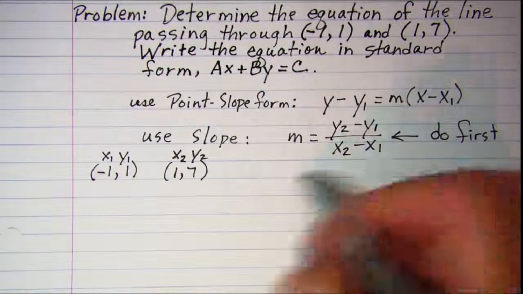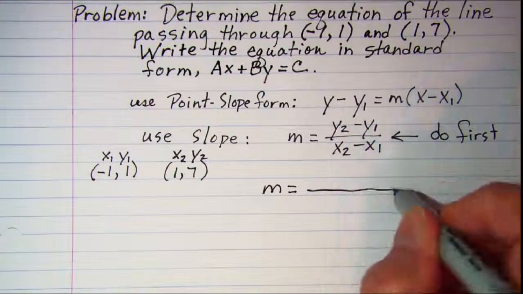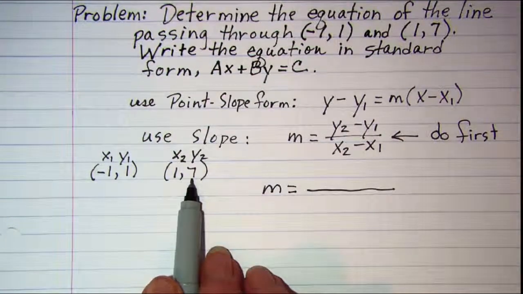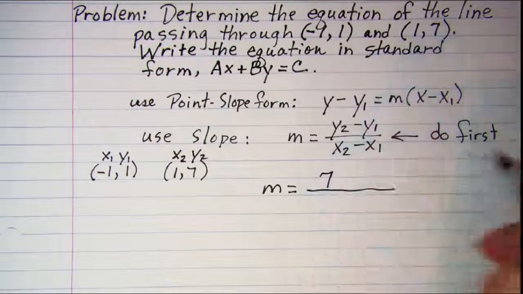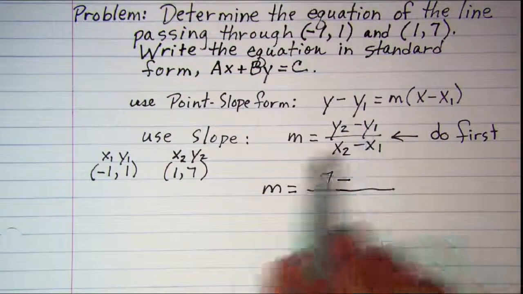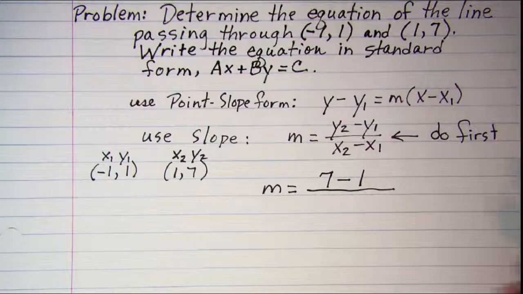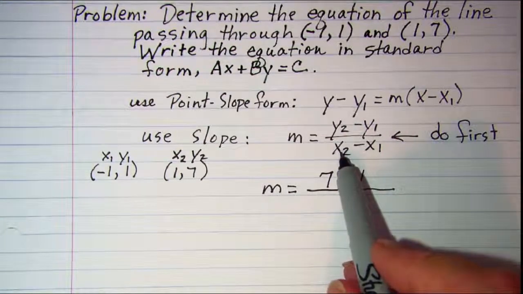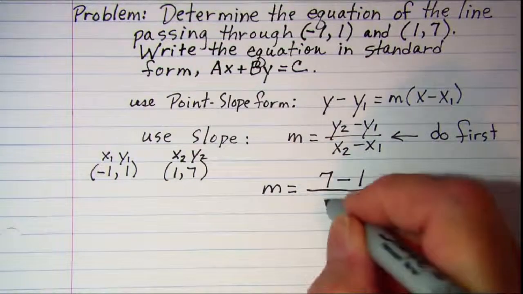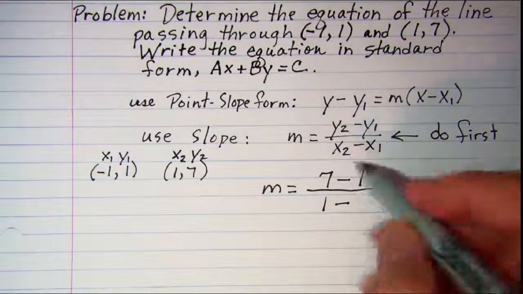So we know then that m is equal to, now we need a y2 value, and we can see from here that y2 is 7. So we have 7, subtract, and then we need a value for y1, and that is 1. And then in the denominator, we need a value for x2, and x2 is 1, subtract, and then x1 is -1.